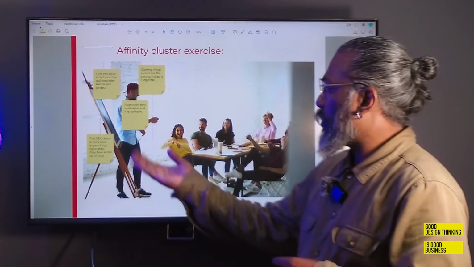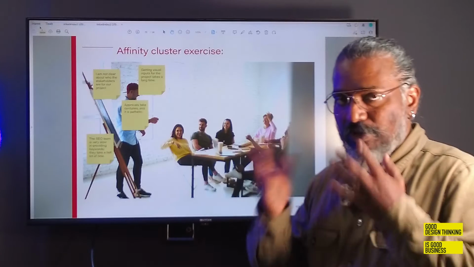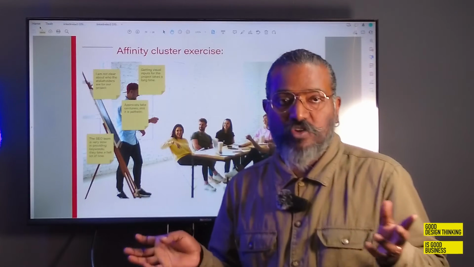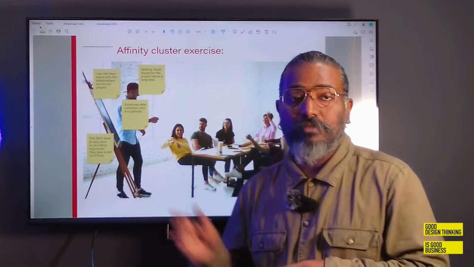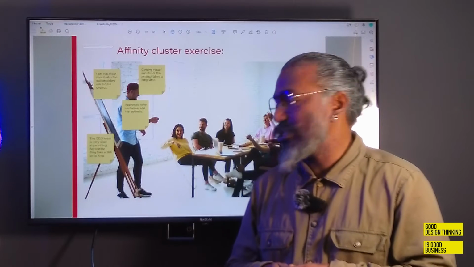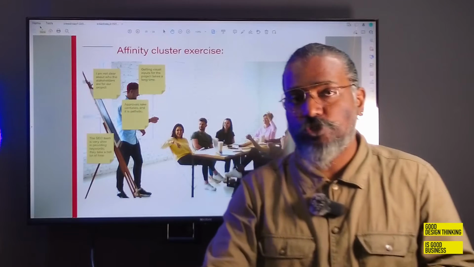The fourth says the SEO team is very slow in providing keywords. Most of this content is supposed to carry keywords, and the SEO team is responsible for providing them, but they generally take a lot of time and don't provide keywords on time.